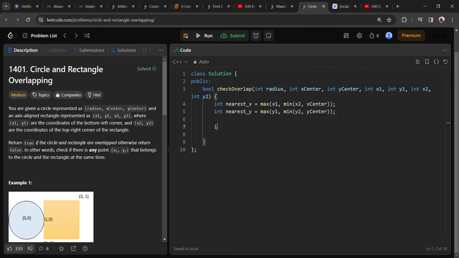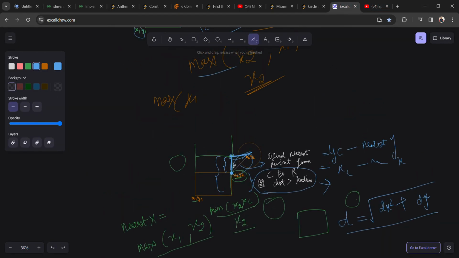So I write int distance underscore x. Distance x will be the nearest x minus x center. Nearest x is this, and x center is this.